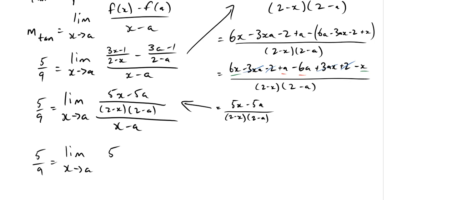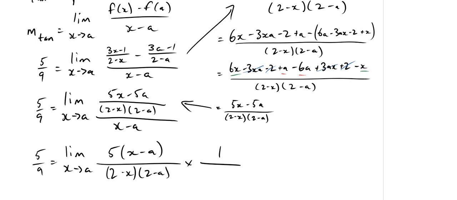And now all we're doing is simplifying. And notice how I'm going to write this. It was a fraction divided by something, so I'm multiplying by the reciprocal.